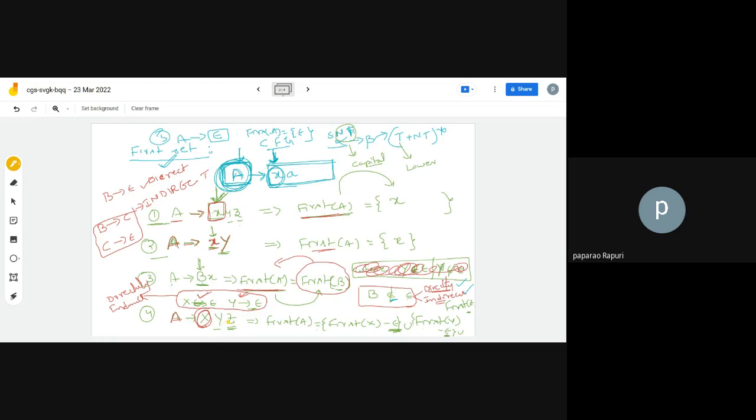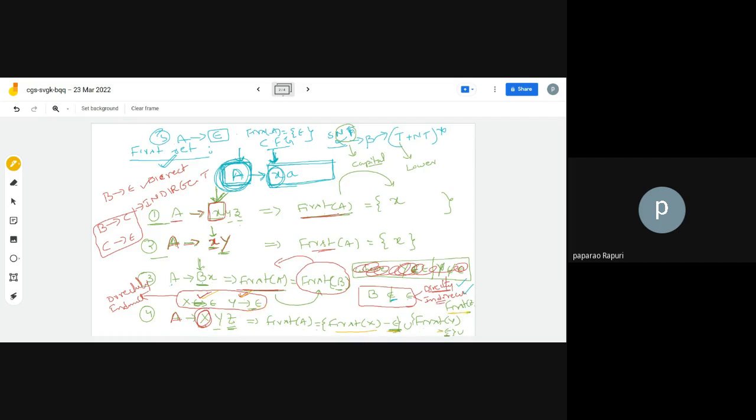In this case, we have written first of A is equal to first of X minus epsilon, if X is producing epsilon, union first of Y minus epsilon, if Y is producing epsilon, and first of Z, but here Z is not producing epsilon.